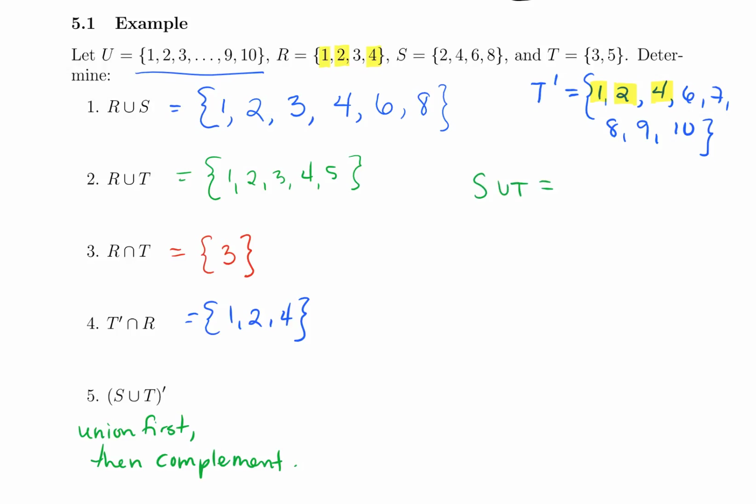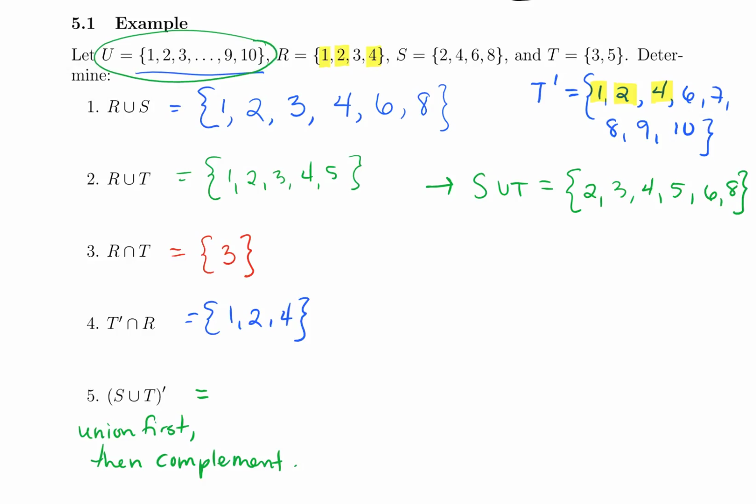S union T. So let's see, we'll get a 2, a 3, a 4, a 5, a 6, and an 8. Remember, a union has everything that's in S or T combined together. So I'm just listing them in order, so it'll be easier to find the complement. So now we need to complement S union T. Now remember the universal set, all the integers from 1 to 10.